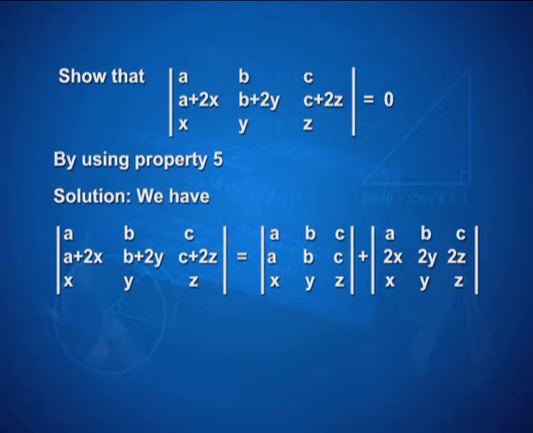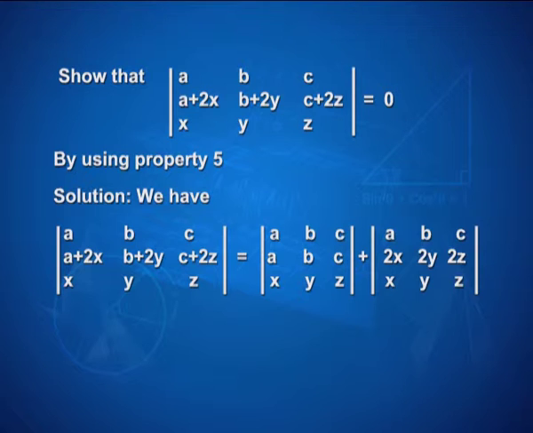For the solution, we have a, b, c, a plus 2x, b plus 2y, c plus 2z and x, y, z determinant can be expressed as sum of two determinants, namely determinant a, b, c, a, b, c, x, y, z plus determinant a, b, c, 2x, 2y, 2z, x, y, z.